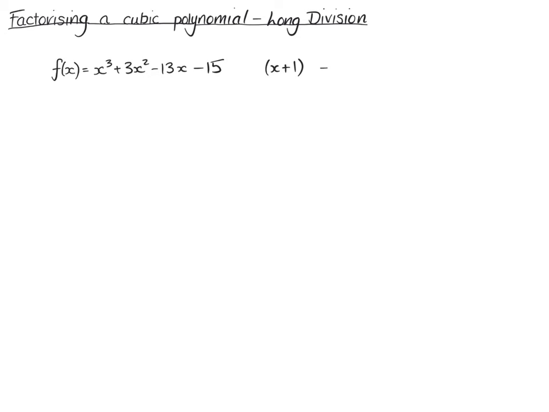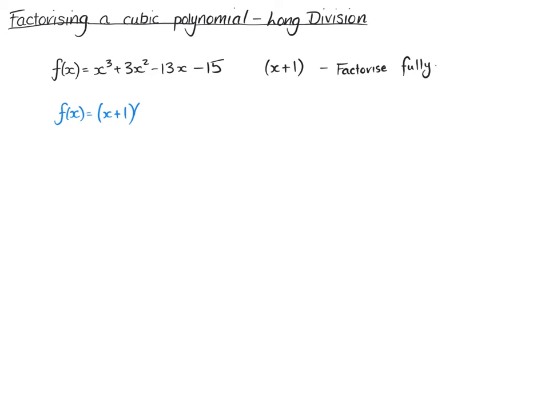And we have to factorize fully. Right, okay, so that means that this function f of x is equal to x plus 1 times something. And the long division part is telling us what that something is.